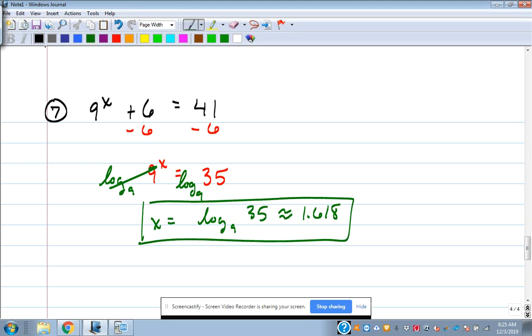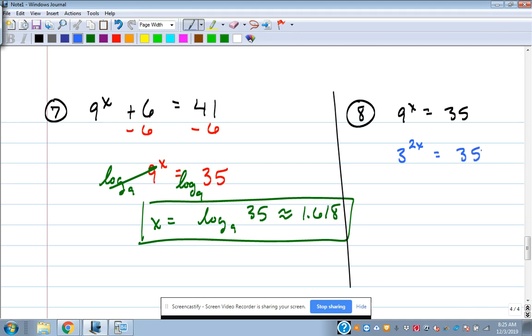Now, here's what I want to show you. Same problem right beside it. If we jump in at that step, 9 to the x is equal to 35. I didn't go ahead and do log base 9, but I changed that to 3 to the 2x is equal to 35.